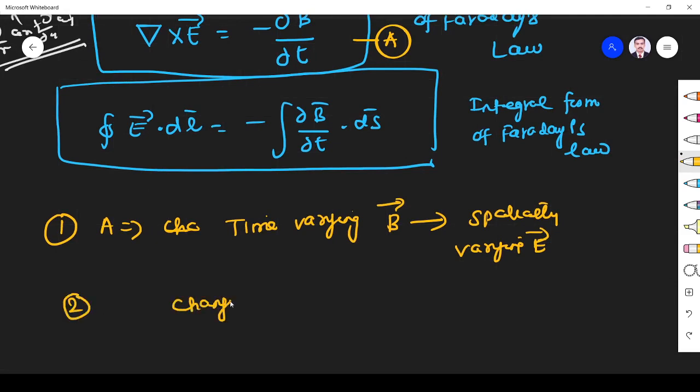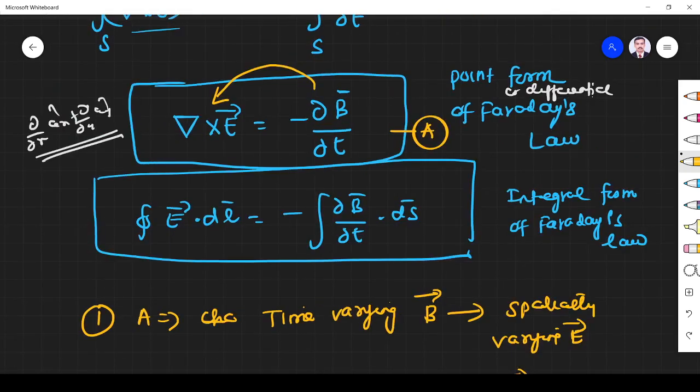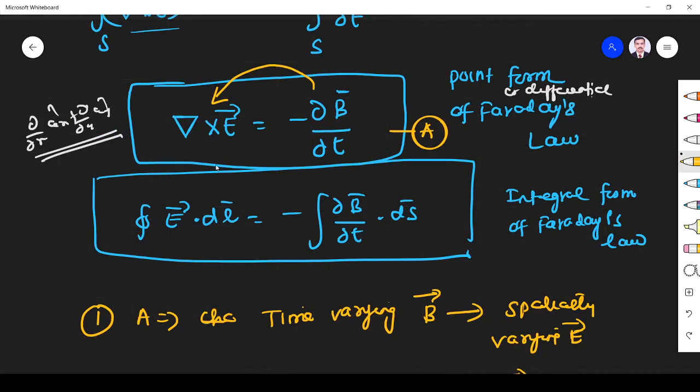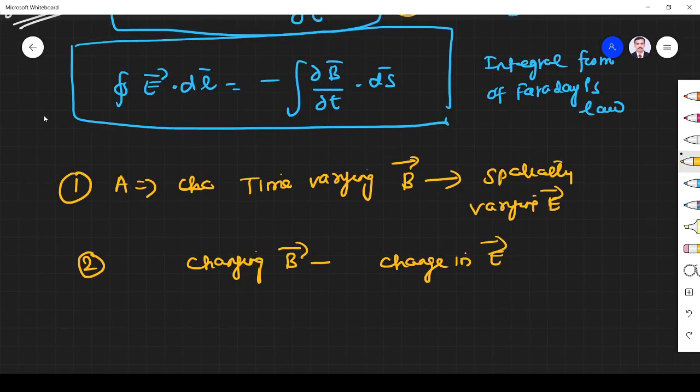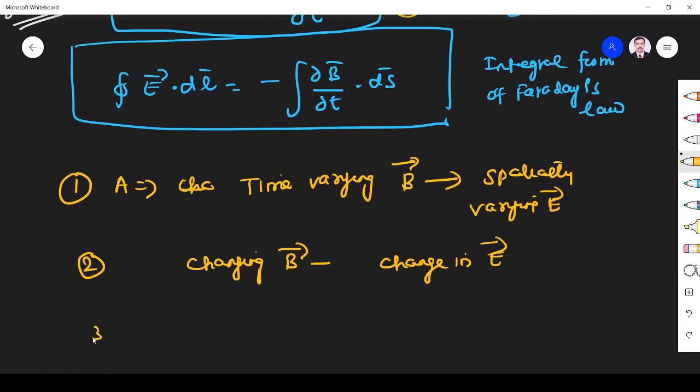Changing B will induce a change in electric field. So how will that field change? It will create a rotating electric field. Del cross is the curl of the electric field. So the third thing is, a time varying magnetic field will create a rotating electric field.